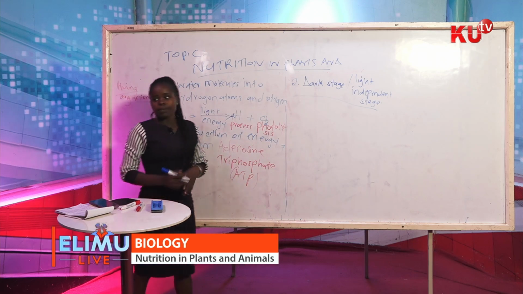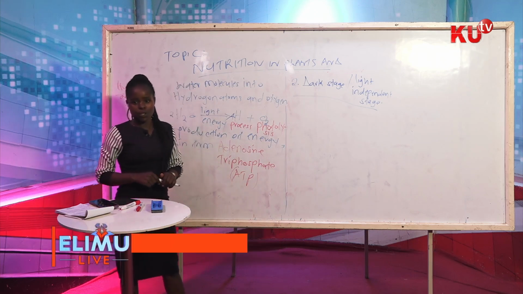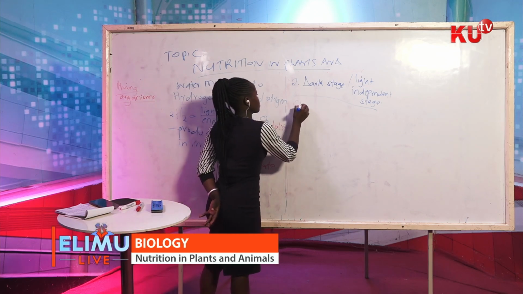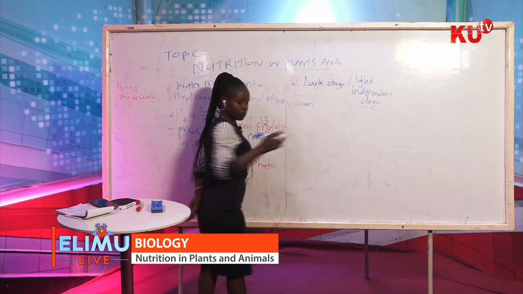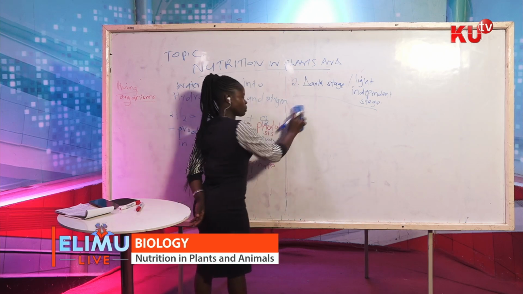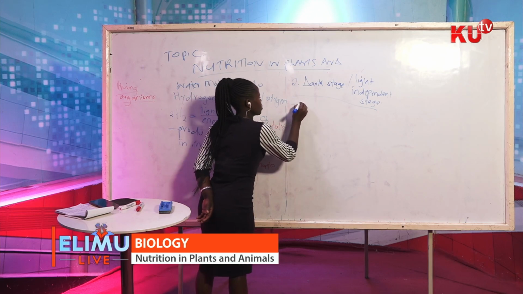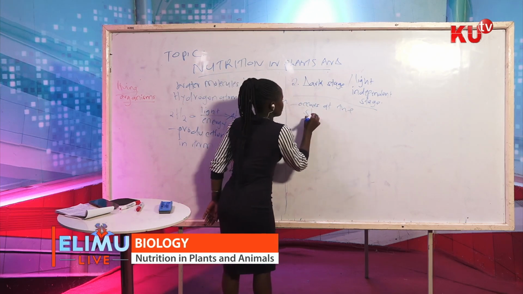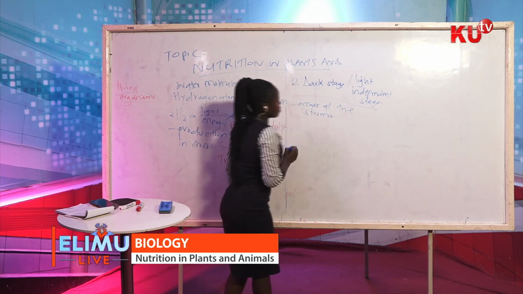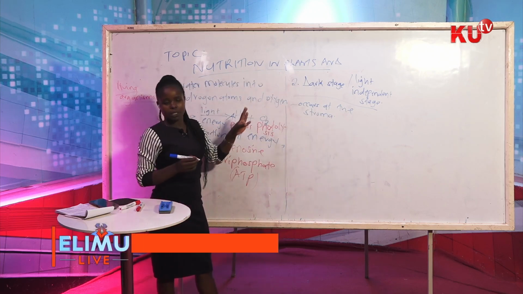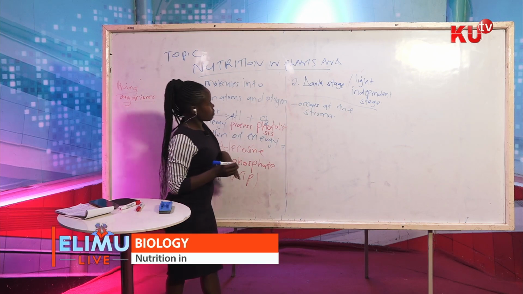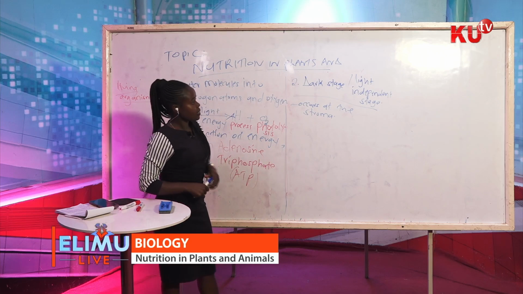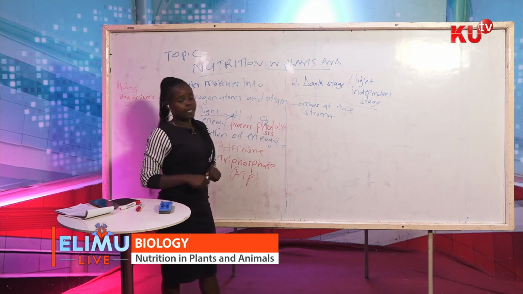This stage occurs at the stroma. I think with the structure of the chloroplast I drew here, you are able to see the stroma. This is where the second stage occurs.